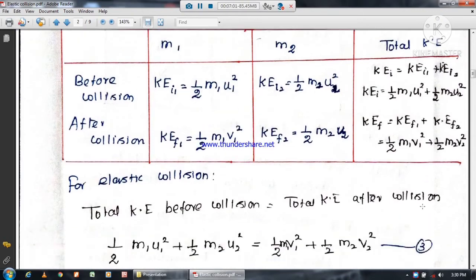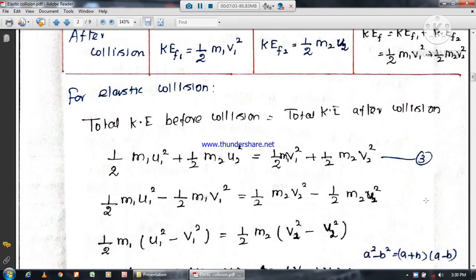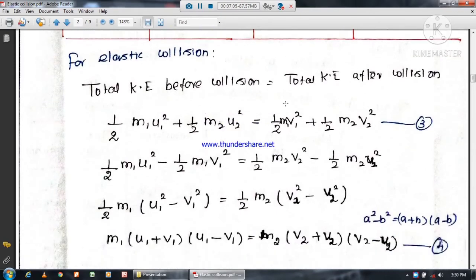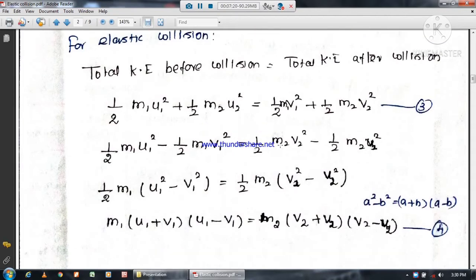Okay, we know that for elastic collision, total kinetic energy before collision is equal to total kinetic energy after collision. So we equate these two, that is before collision is equal to after collision. We will get this. This is equation number 3. Now here 1 by 2 m1 u1 square and here this v1 square.